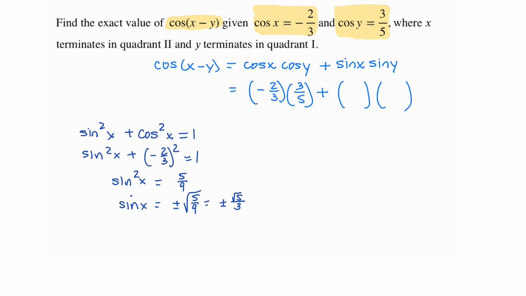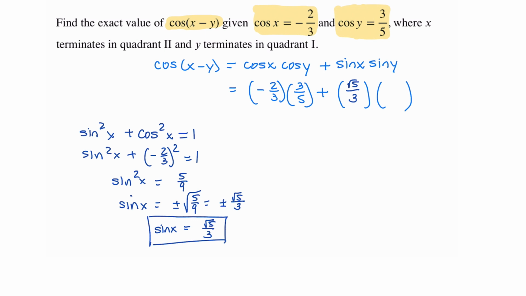Since x terminates in quadrant 2, the value of sine of x is going to be positive because sine is positive in the second quadrant. So we're going to use sine of x equals square root 5 over 3. I'll substitute that into the expression right here. So we have square root 5 over 3.